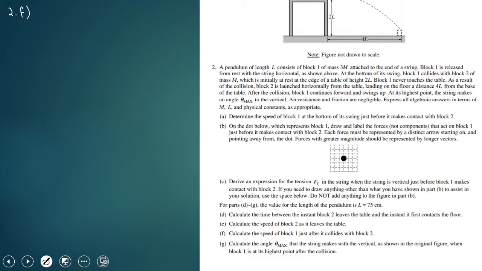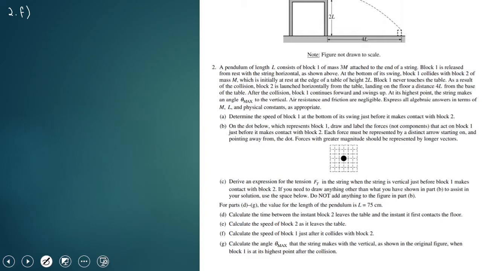It says calculate the speed of block 1 just after it collides with block 2. All right, so what do we know over here? Well, the word collides should be a pretty good indication that a collision involves conservation of momentum.